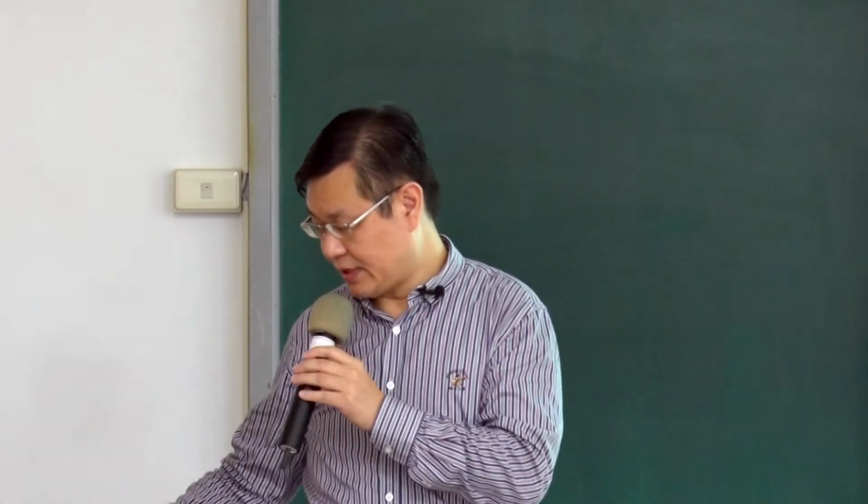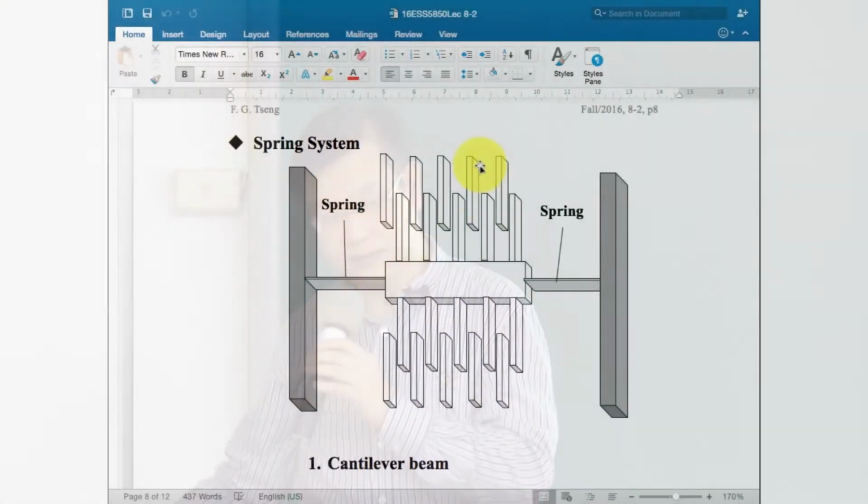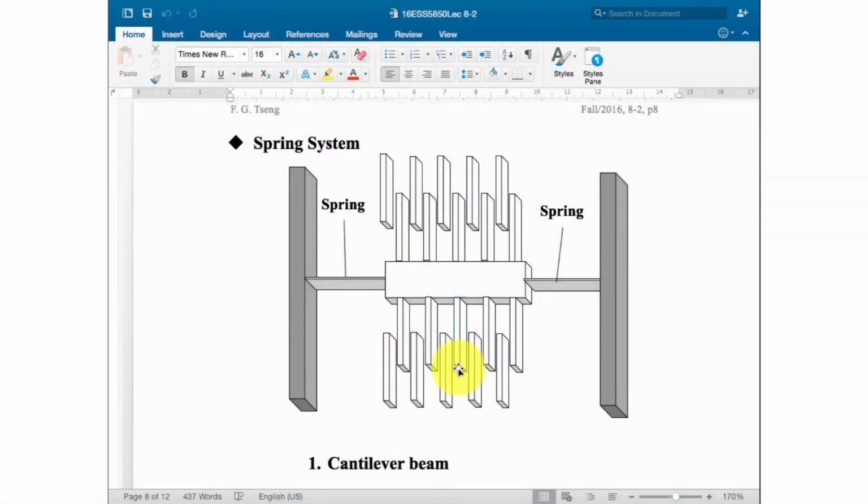Originally it moved in this direction, right? Now we rotate 90 degrees, so the actuator will move up and down, the vertical direction. We arrange the spring first in a very simple version, a very simple support, with only one cantilever beam connected to the actuator.